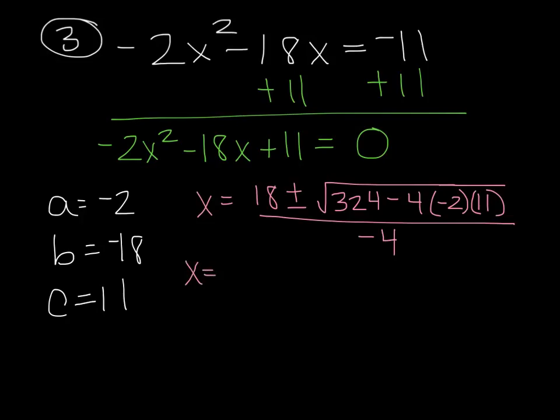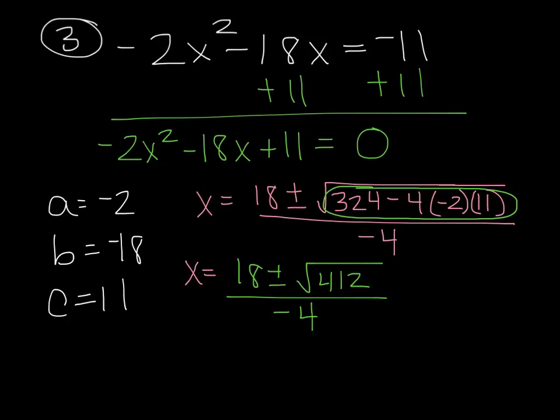Okay, so again, I'm going to simplify the discriminant. So I'm going to simplify what's underneath the square root using my calculator, and I get 18 plus or minus the square root of 412 all over negative 4. Again, your discriminant is 412, so this is your discriminant.